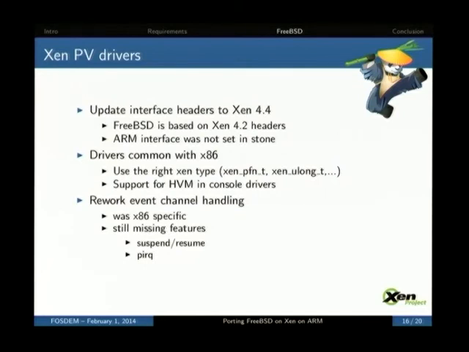So if you want to use the same code on ARM, I had to rewrite everything. I've rewritten most of the code, but it's still missing some features, like being able to suspend and resume the guest, and being able to assign physical IRQs via event channel to the guest.